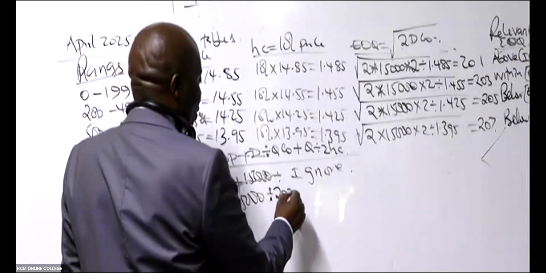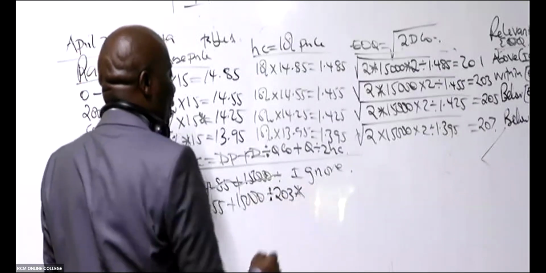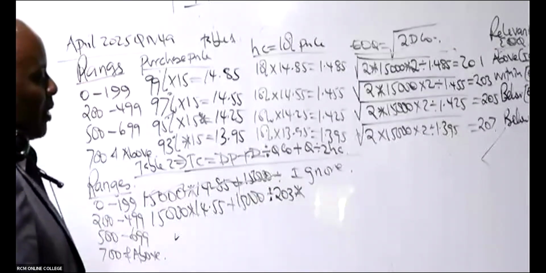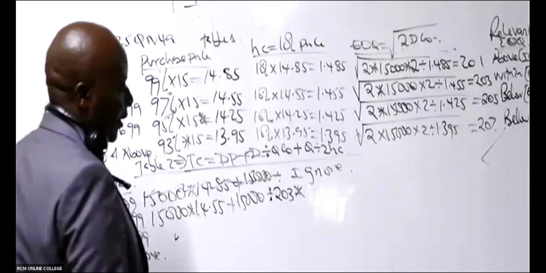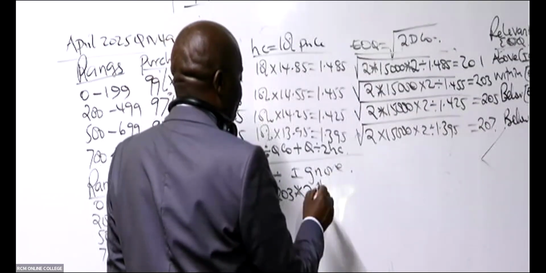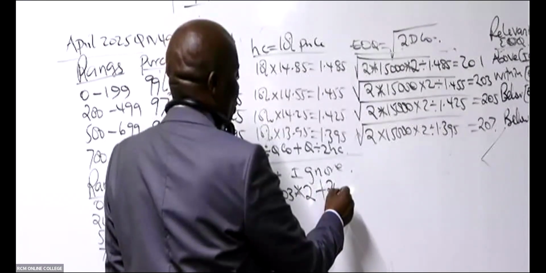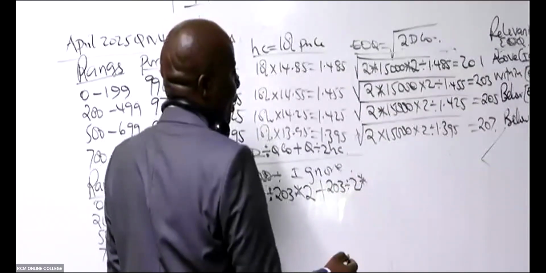The EOQ is 203, times cost per order. What is the cost per order? Cost per order is 2. I'm on my own, but I will overcome very soon. Plus Q over 2. Q is 203, divided by 2 times HC.